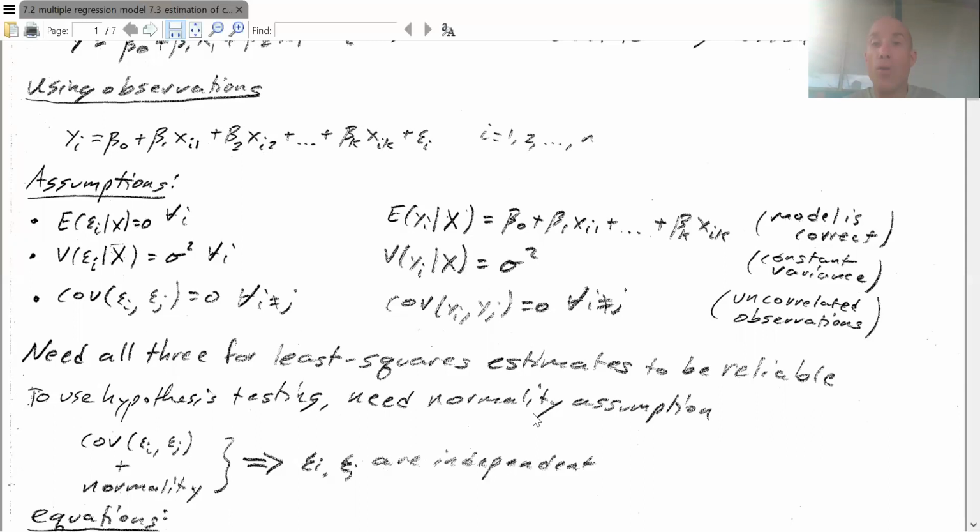Well, if I know the distribution, then I can do hypothesis testing. To do hypothesis testing, I need a p-value, and to get a p-value, I have to have a distribution. If I don't have a distribution, I don't have a p-value. And so for most cases with linear regression, we're going to assume normality of the error term.